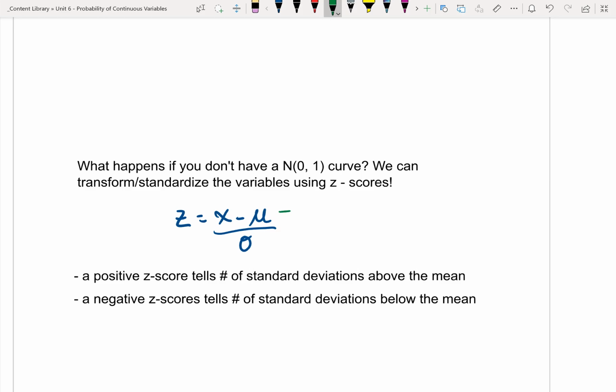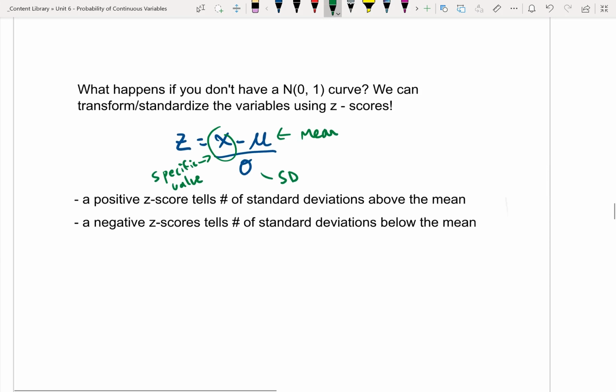So again, we have mu, the mean, x, which is a specific value, and our standard deviation. A positive z-score tells us the number of standard deviations above the mean, and a negative tells us the number of standard deviations below the mean.